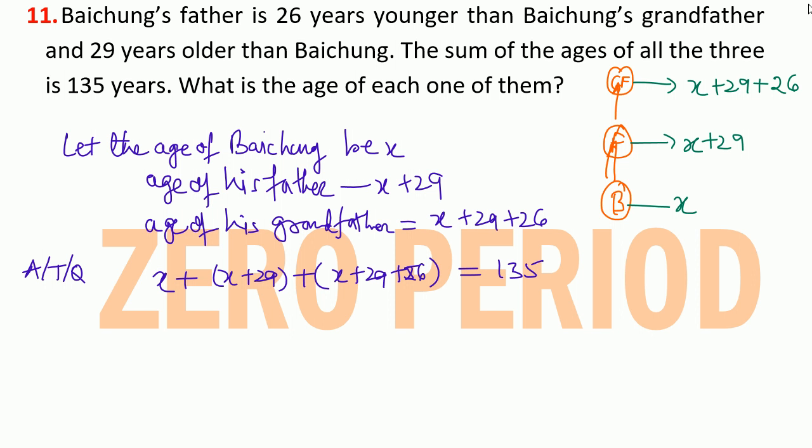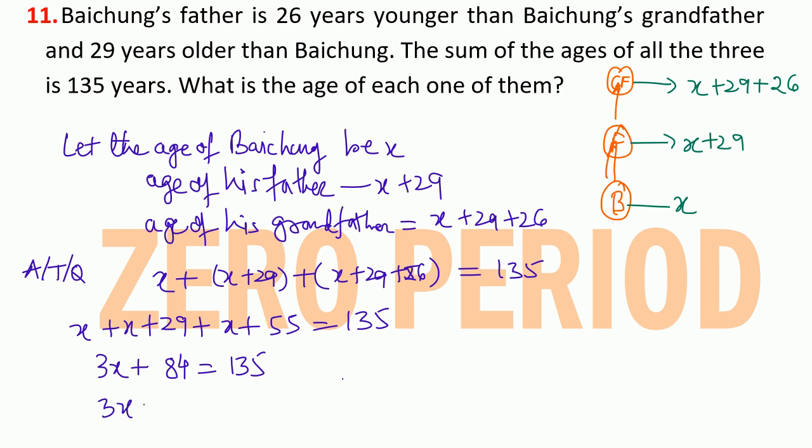Now solve the question one by one. This is X plus 29, before this X is there, and then X plus 29 and 26, it is 55, and the sum is 135. Here X comes 3 times, so 3X is there, and the sum of 29 and 55 is, I think, 84, and this will be 135.